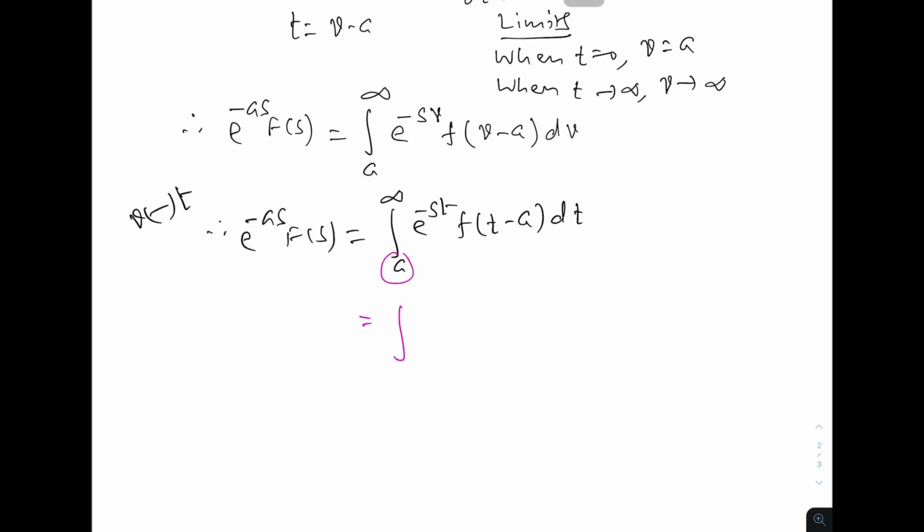The result is Laplace transformation of f of t minus a u of t minus a is equal to e power minus as F(s), or you can say e power minus as Laplace transformation of f of t. So this result we need to remember. This is the second shifting theorem.